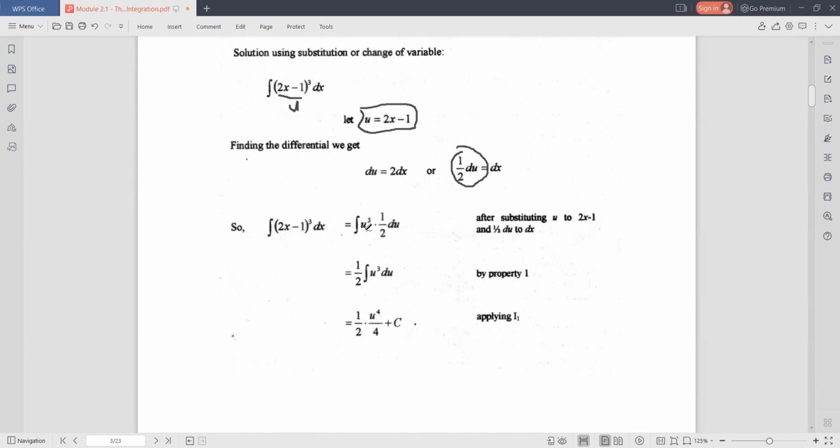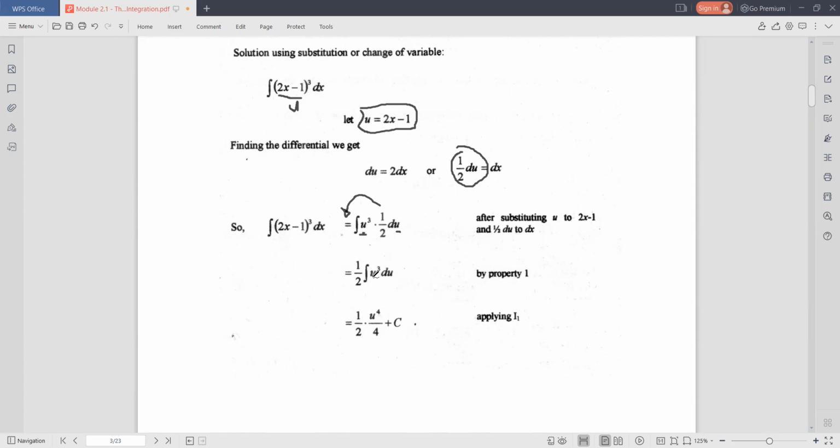So therefore, you will have your expression now that is u cubed times 1/2 du. So notice that the same variable na tayo. Okay? Naka-u na tanan. U cubed, then du. Okay, then with the use of property 1, we can have, transpose natin yung constant, palabas natin. Diba? So that is 1/2 integral of u cubed du.